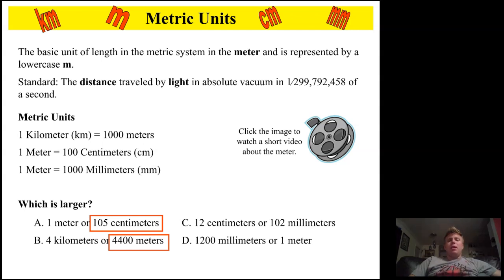Letter C is taking a look at 12 centimeters or 102 millimeters. If you said that 12 centimeters was larger, you would be correct. And the last one is 1,200 millimeters compared to 1 meter. If you said 1,200 millimeters is larger, then you would be correct.